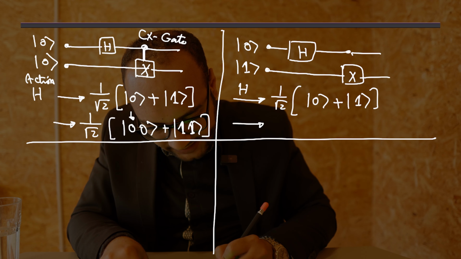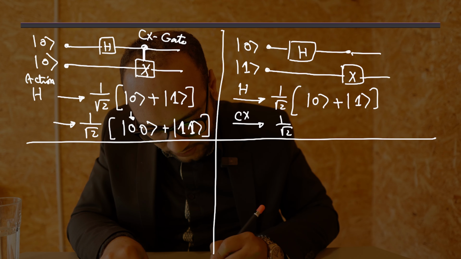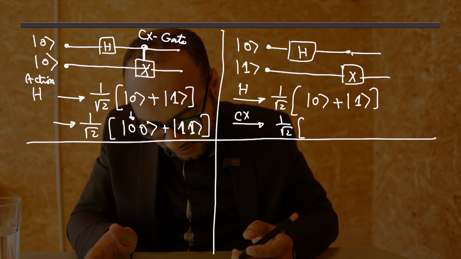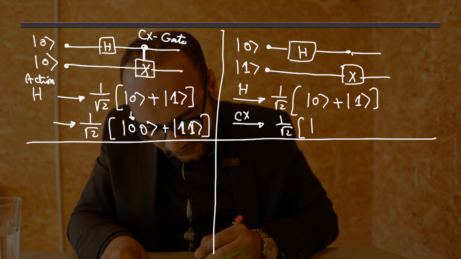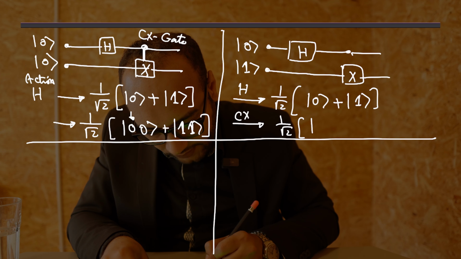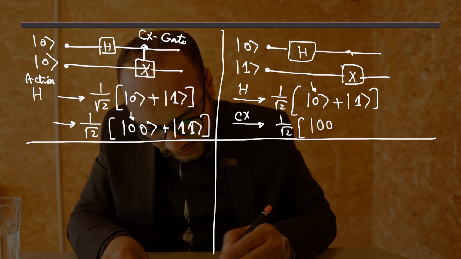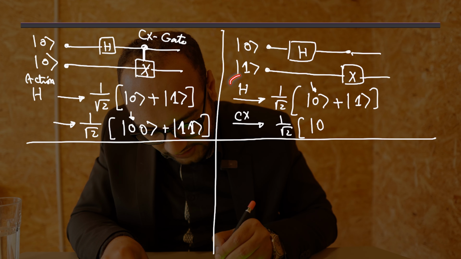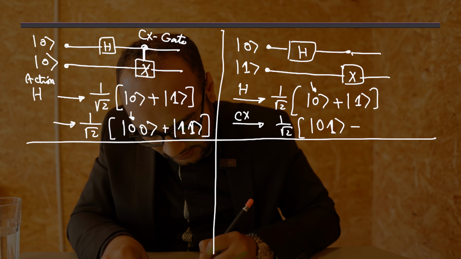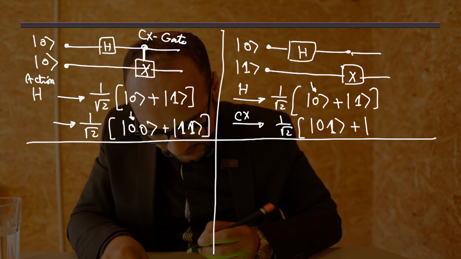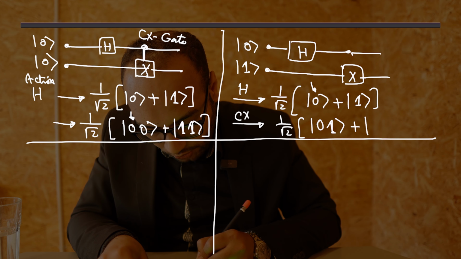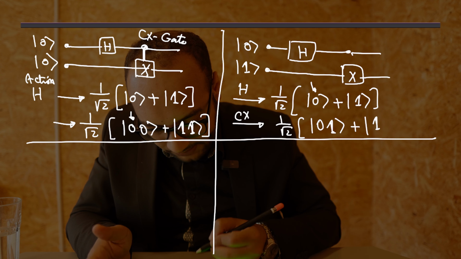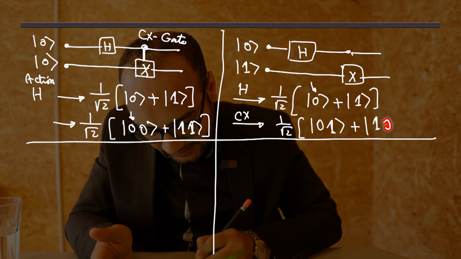Now, when I apply the CX gate, it leaves the normalization factor unaltered. Then I look at the first ket, and the state of the first qubit is 0. So I leave the second untouched, and the second is initialized to 1, so I leave it as 1. And then I come to the second term. In the second, the first qubit is 1, so it flips the state of the second qubit. I get 0 here.